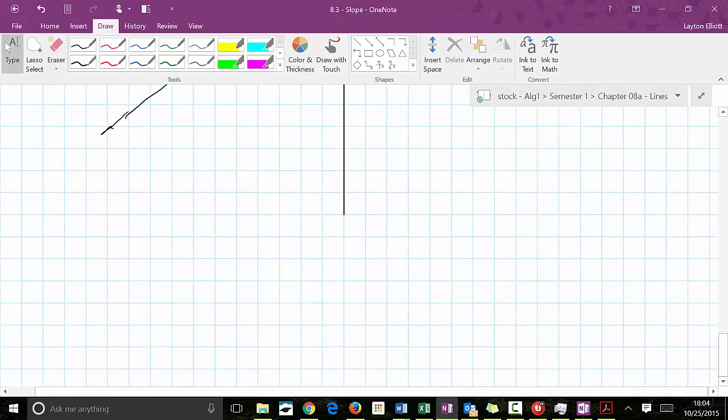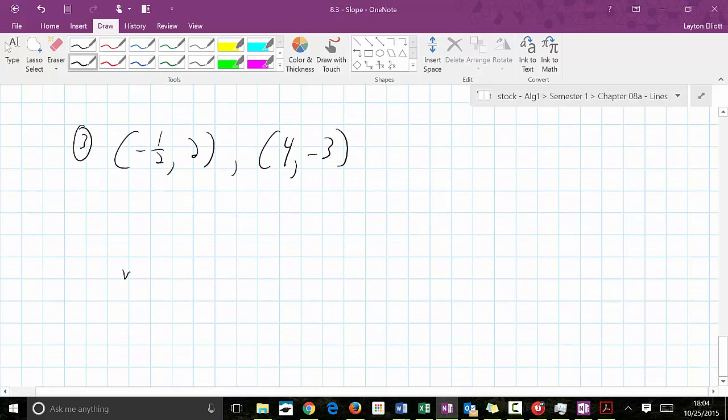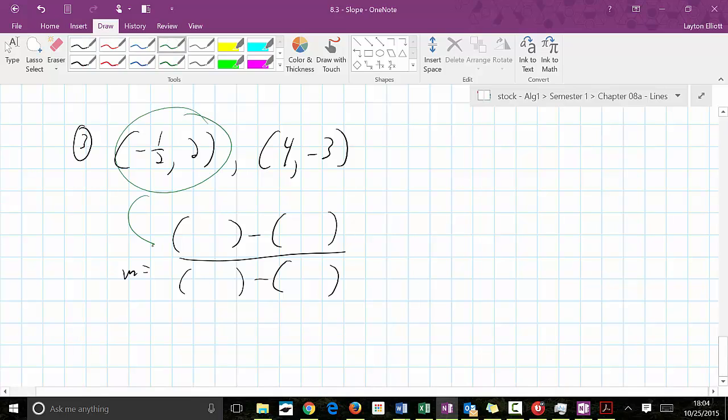Let's try the slope of a couple more. Let's go -1/2, 2, and 4, -3. So I'm going to do the same thing. Slope is change in y over the change in x. And I'm going to plug in these points. This point's going to go here, -1/2 and 2. Remember, y is on top.